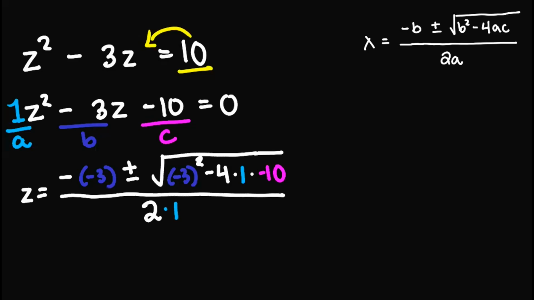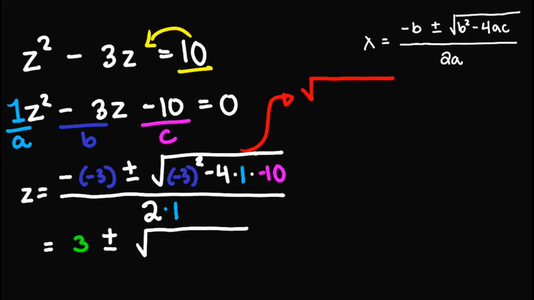So simplifying this, first, negative times -3 will be 3, plus minus the square root of, focusing on this one, we have (-3) squared is 9, -4 times 1 times -10 is positive 40. So this is equal to the square root of 49, or 7.